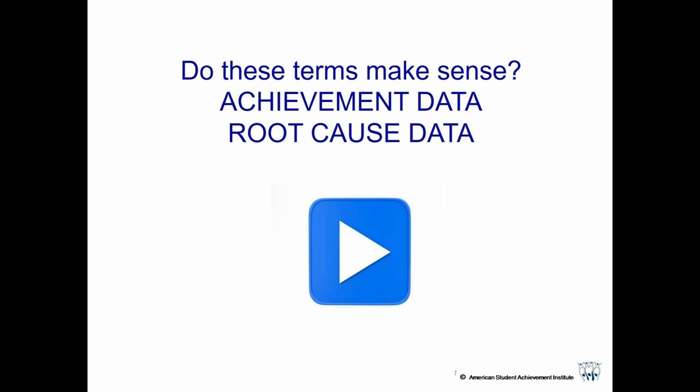If you're watching this as an archived version with your steering team, maybe you're on holiday break still and you're watching this later, I would go ahead and pause the video right now and just make sure that everybody on your team understands those two terms. So Tina, do we have any questions that have come up?